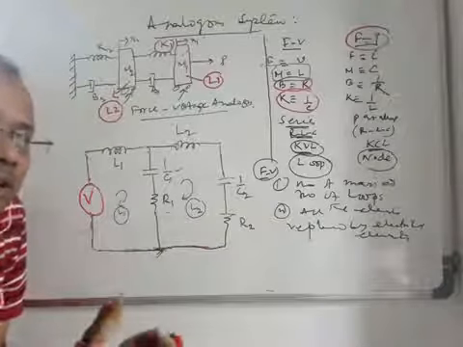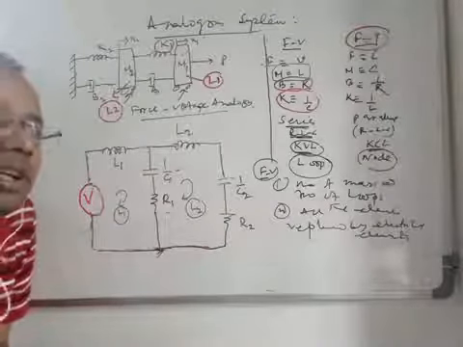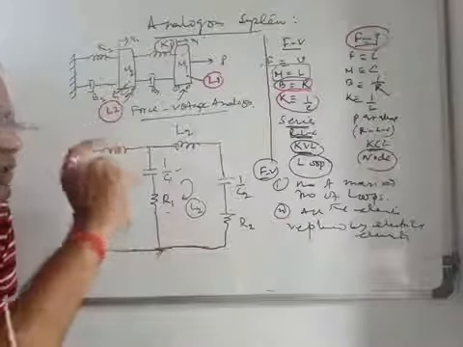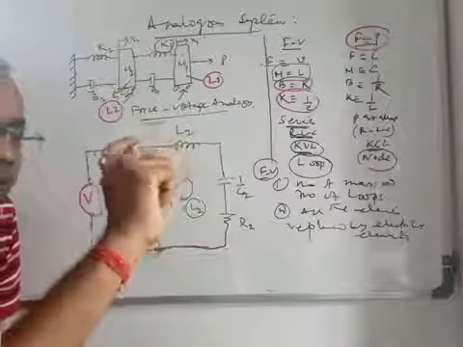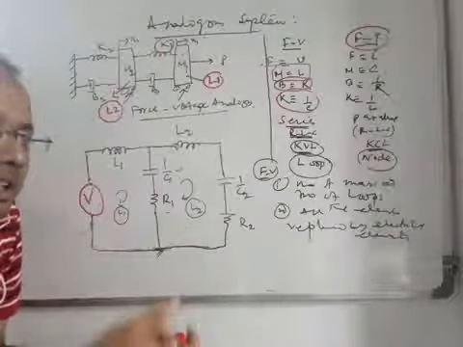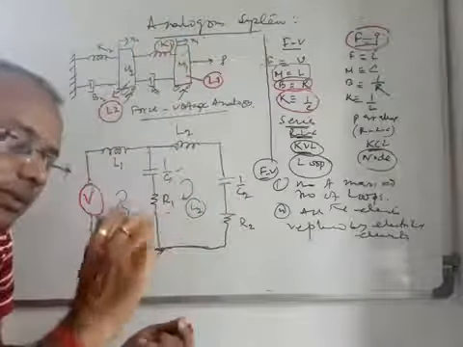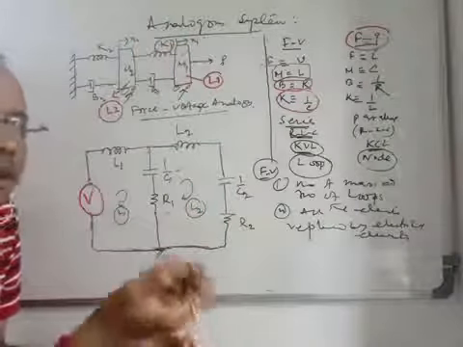In the case of force current analogy, what we have learned is that if the spring and damper are in parallel in the mechanical network, the corresponding electrical elements are in parallel.